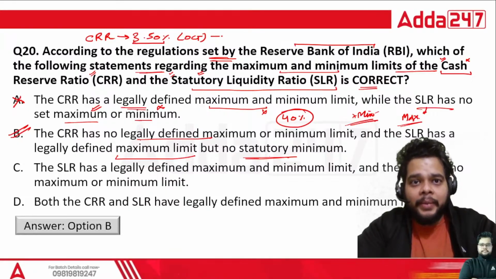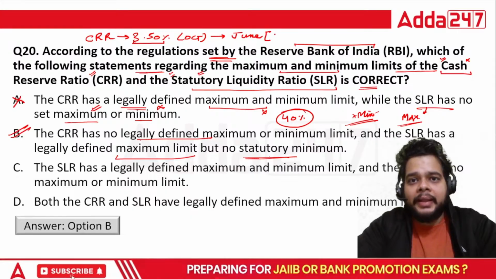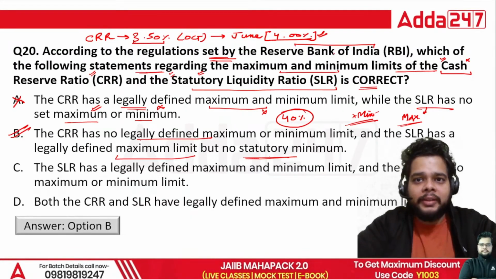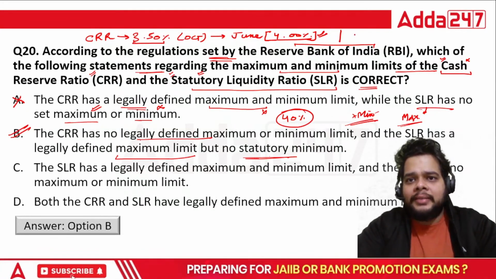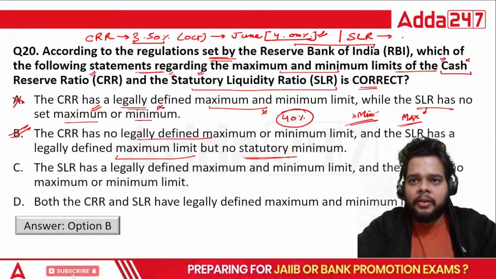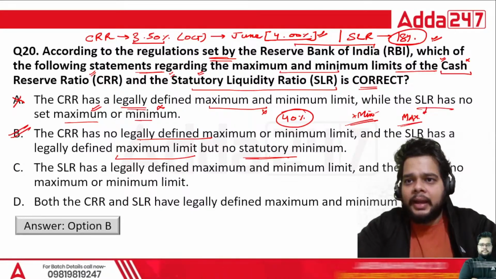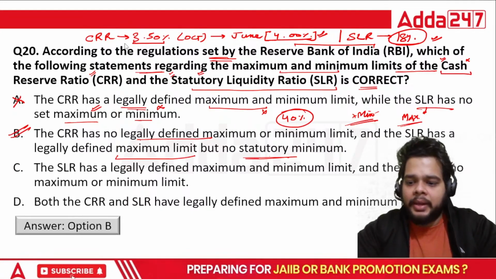But for the examination, as you know, the June data will be asked, and back then in June, the CRR was 4%. So this you have to remember for the exam as the CRR limit, that is 4%. For SLR, it has been the same for a long time, only 18% is the right answer. So these two limits you must remember for the examination.